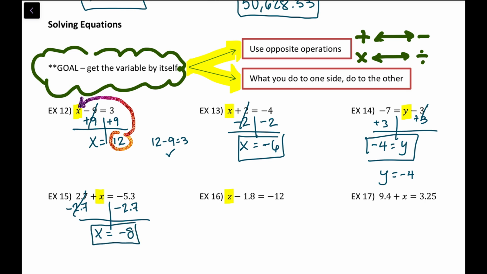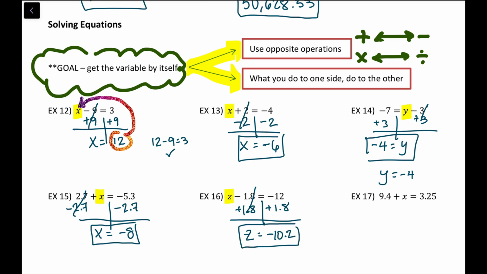Find your variable. Look and see what's happening. Minus 1.8. So we're going to add 1.8. Those cancel. So I'm left with z equals negative 12 plus 1.8 is negative 10.2.